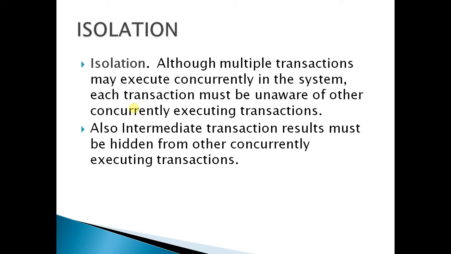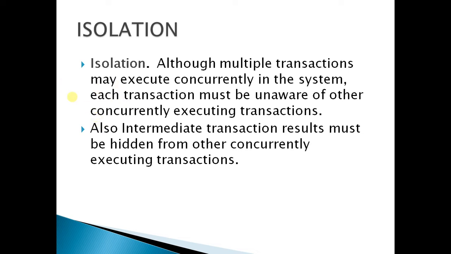Isolation says that during the execution of a transaction, whatever intermediate results it generates should not be visible to other transactions. Or in other words, once the transaction has started executing and it is accessing some data items, those data items should not be available to other transactions because it will lead to a number of problems.